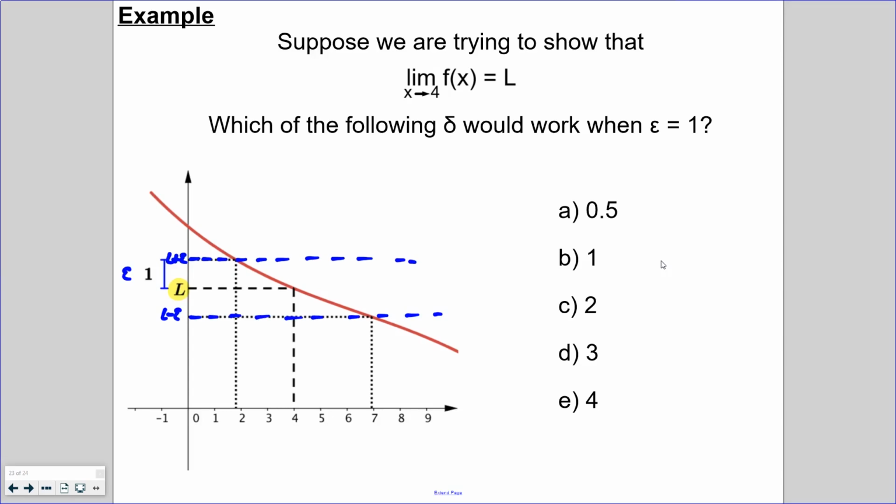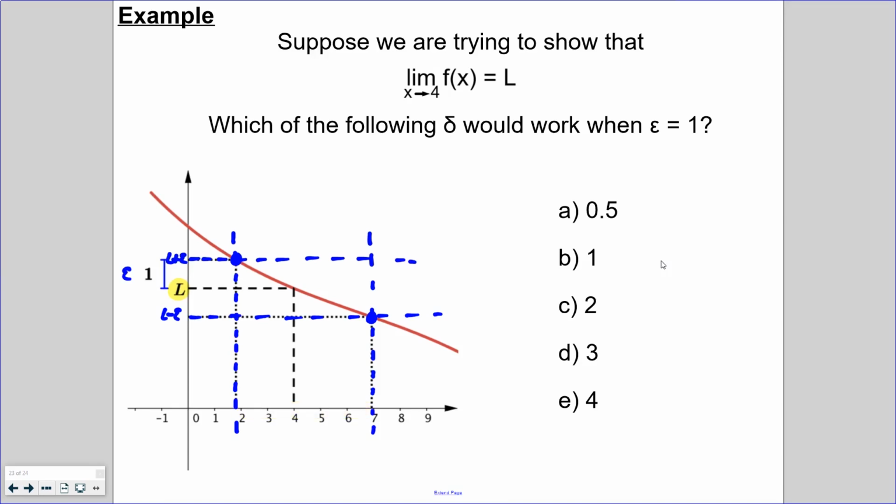And fortunately, I've already drawn our fences for us, because we have the intersection point here and the intersection point here, which allows us to find our left and our right fences. Now we just need to figure out what delta values would work, which delta values are going to fit in between our two fences.